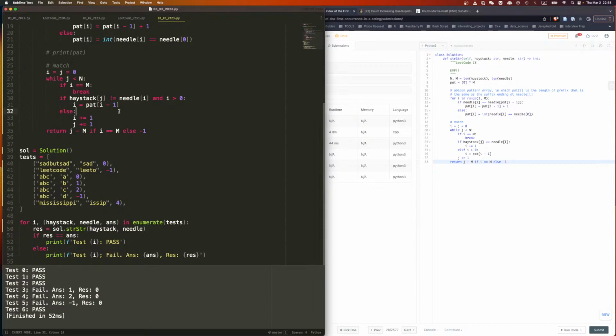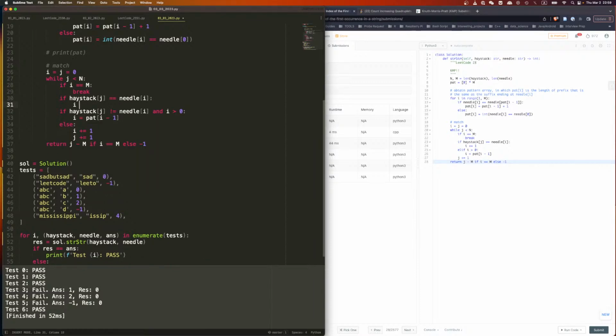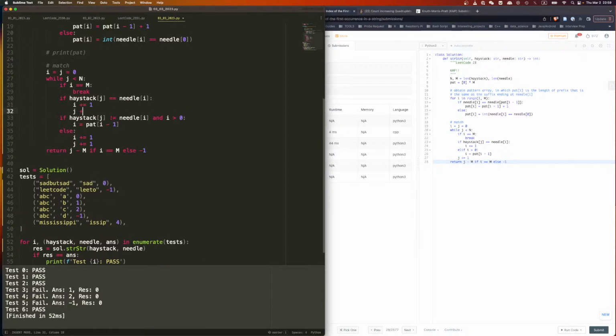If they do not match, hold on. If they match, both increment. Oh my god. Again. If they match, right? Jesus. If they match, then no problem. I plus equal 1, j plus equal 1.